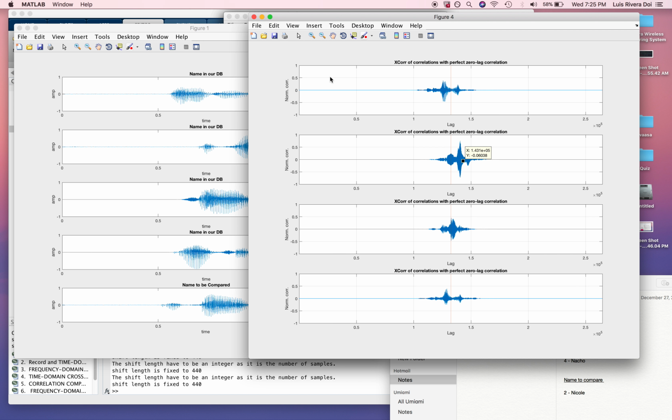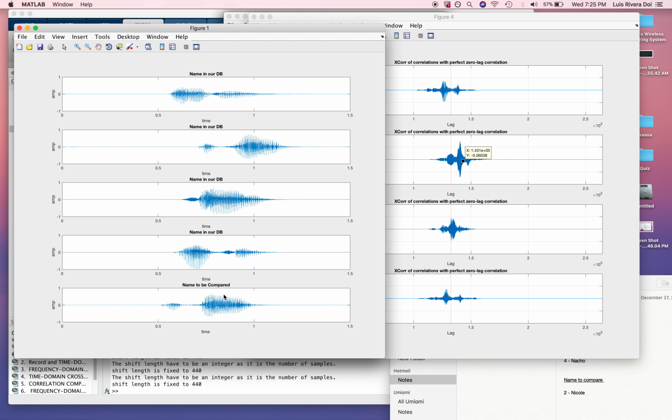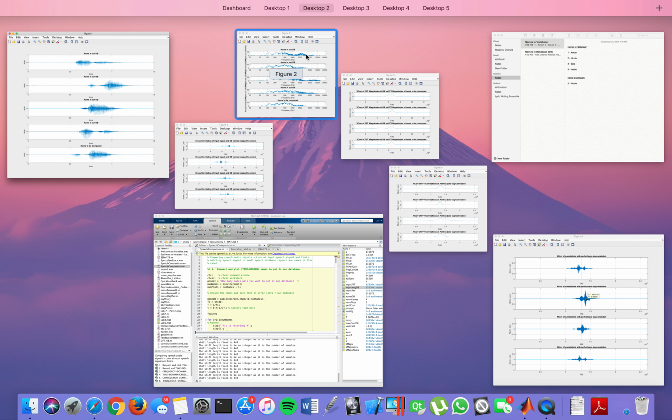So this was the comparison in the time domain, comparing this wave right here with respect to time to the wave here with respect to time. So now let's see what happens when we compare in the frequency domain, so with respect to frequency.